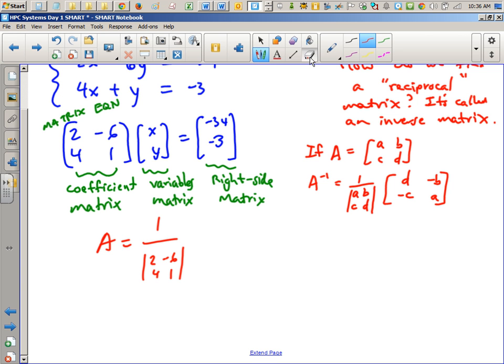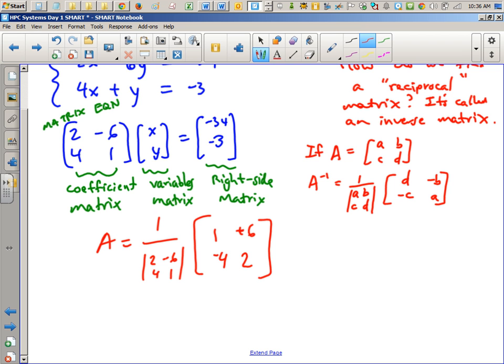Okay, so that's always there. And then, in brackets, I will be swapping the 2 and the 1. So we're going to swap these guys around. And negating the negative 6 and the 4. So basically it looks like this now. 1 goes here, 2 goes here. This is a positive 6 now. This is a negative 4. And that's our inverse.